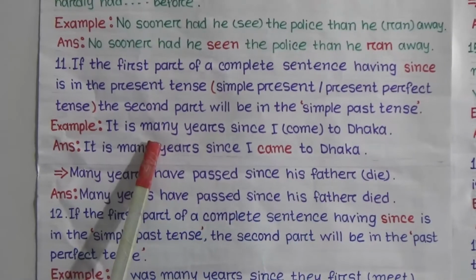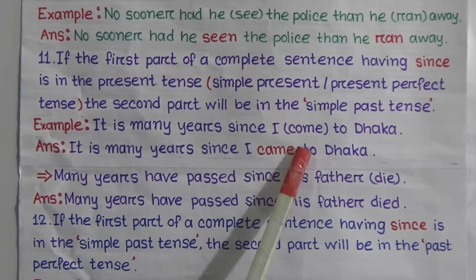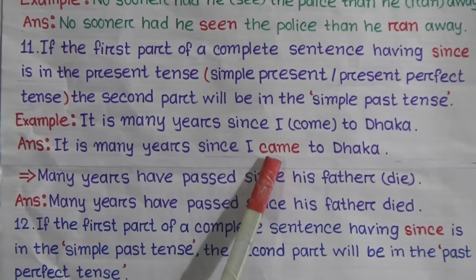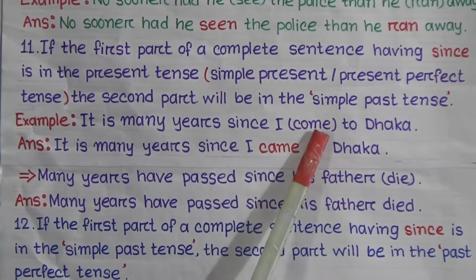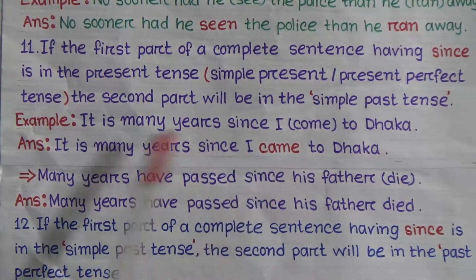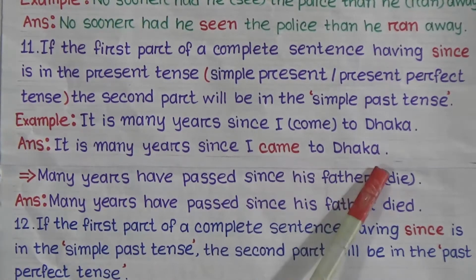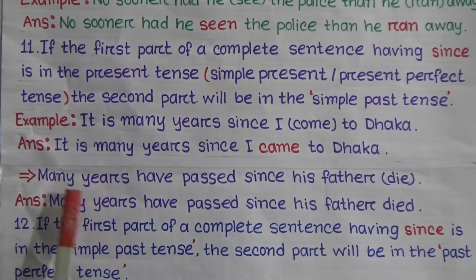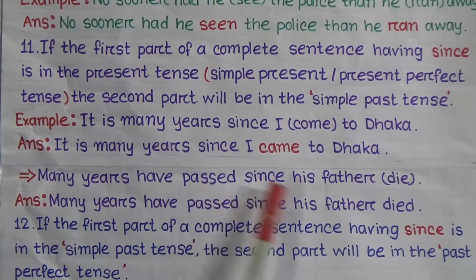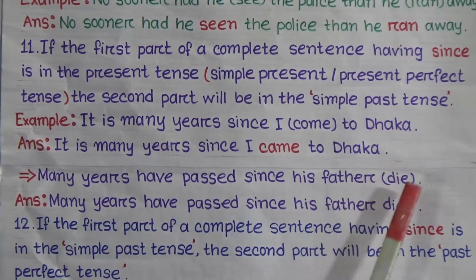In the first part you will get simple present tense or present perfect tense, and in the second bracket you have to use simple past tense. So come will be came. The past form of come is came. It is many years since he came to Dhaka. And another example, look, many years have passed since his father died.